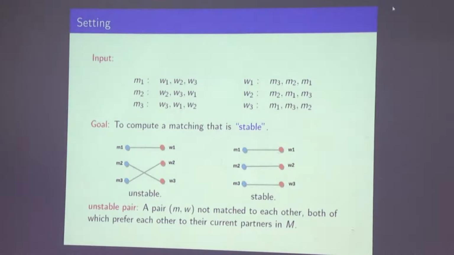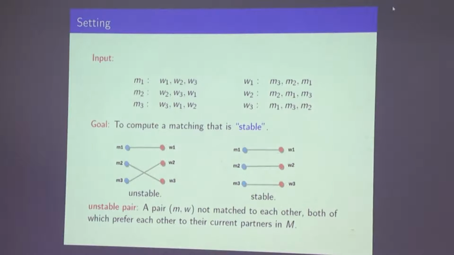So more formally, a pair M, W that is not matched to each other gives an unstable pair, just like an augmenting path is described with respect to a matching. Similarly, an unstable pair is with respect to a given assignment. Of course, to define stability itself, you require preference lists.